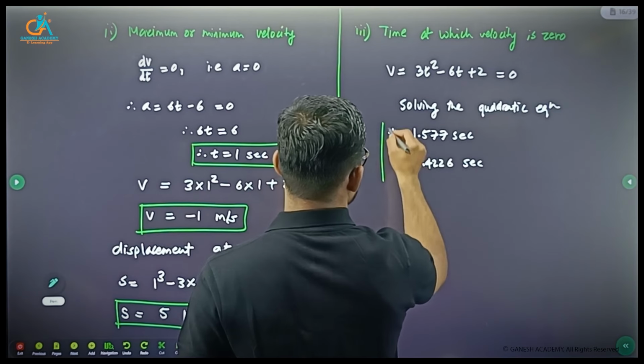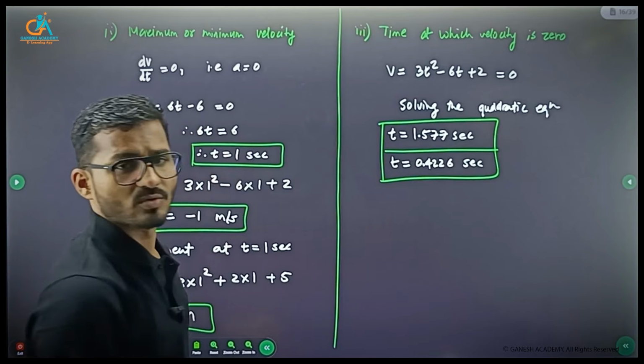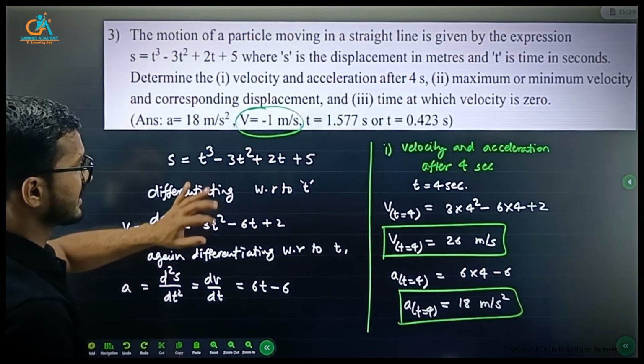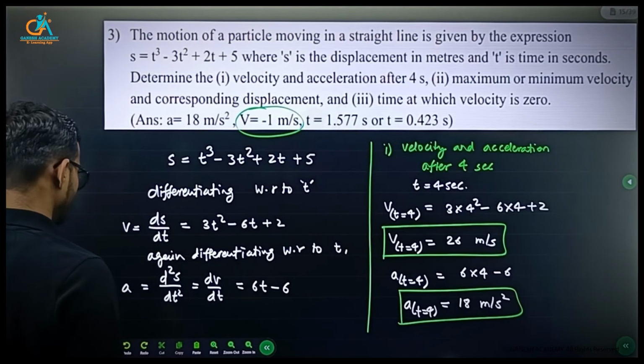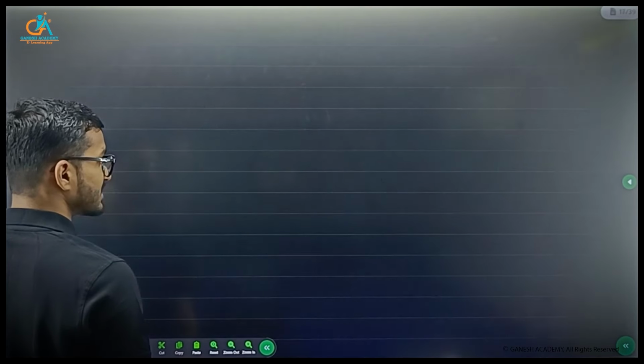So we have two values of time at which the velocity is 0. Pretty simple question. Just find it; 4 2 3, both are correct. Some of the answers are not mentioned in your question bank, so please check.